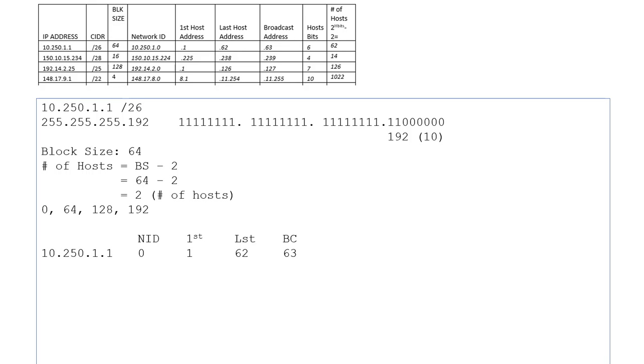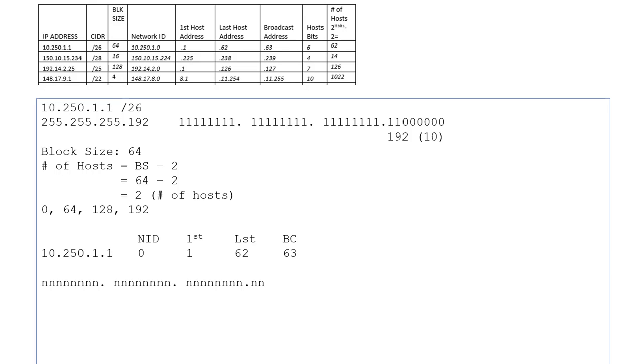And the way I can show that to you, let's do this. If we look, the first 26 bits are network ID, right?